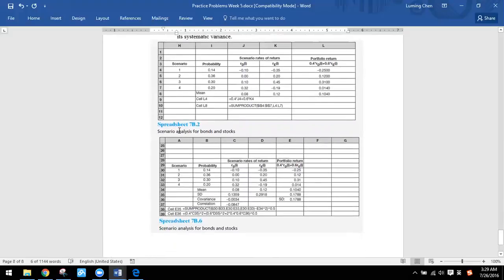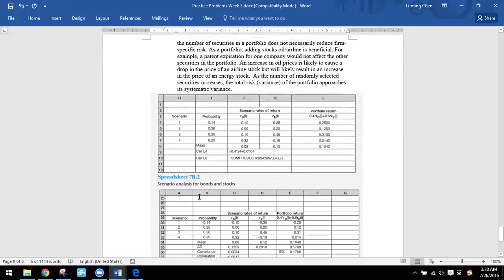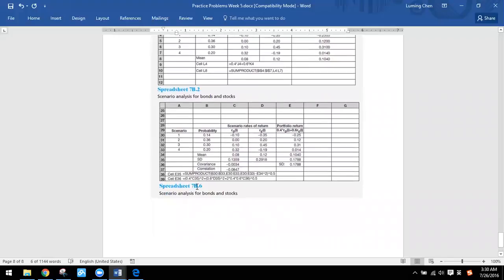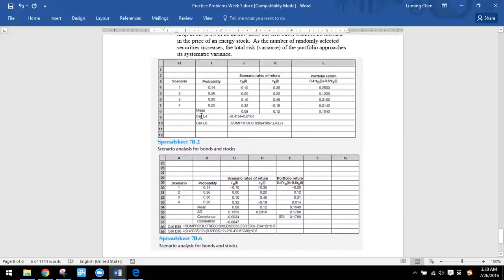So Excel exercise 7B2 and 7B6. 7B2 is to use Excel to calculate the expected return, and 7B6 is to calculate the standard deviation of a portfolio. This is the expected return of a portfolio.